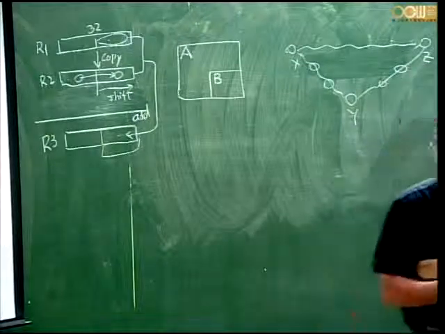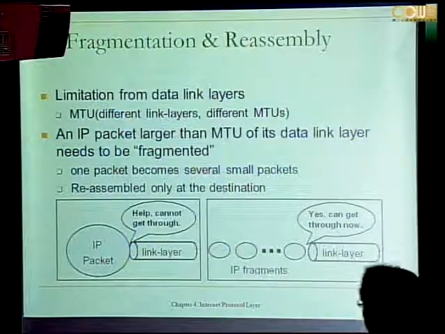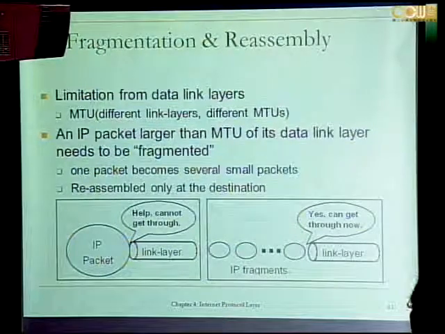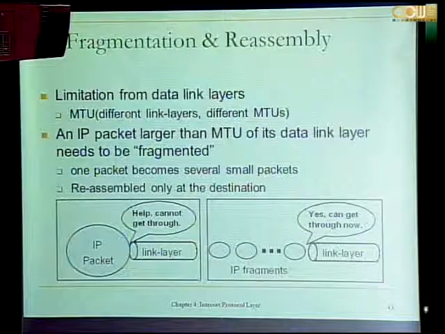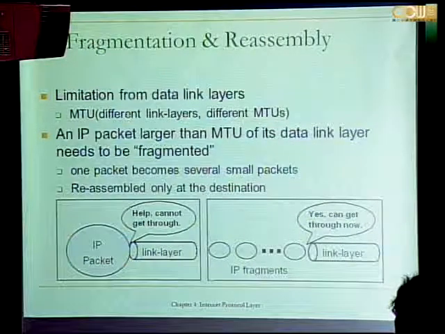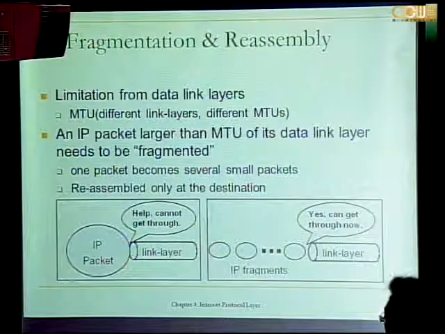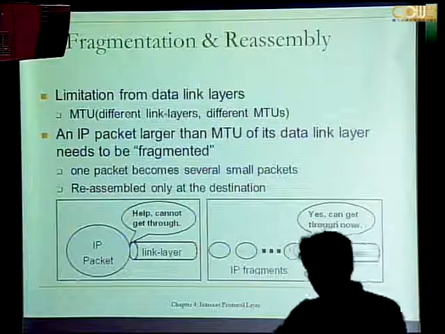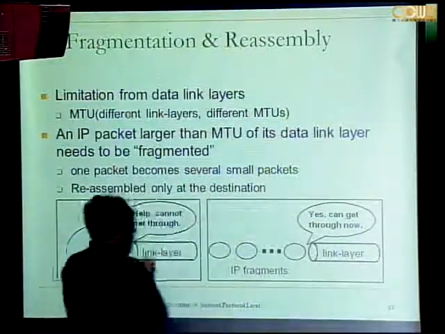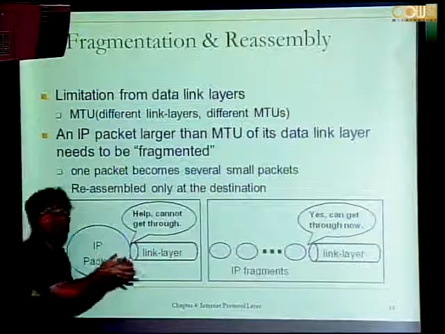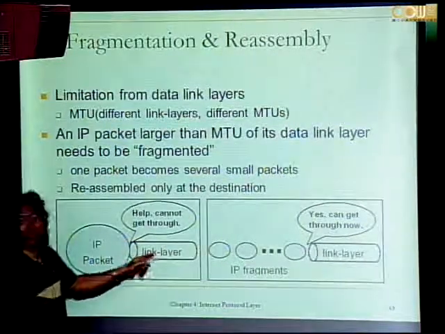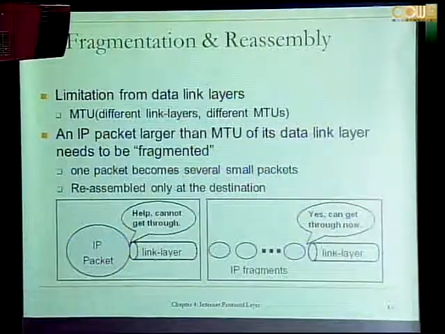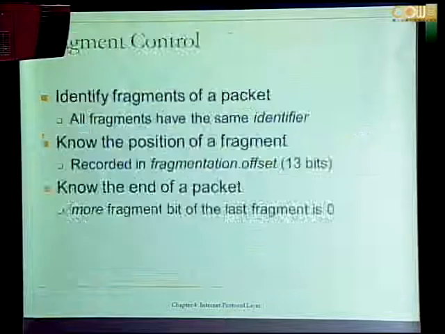How about fragmentation reassembly? There's a limitation from the link layer, which is called MTU, maximum transfer unit. If an IP packet is larger than the MTU, it needs to be fragmented into smaller packets.